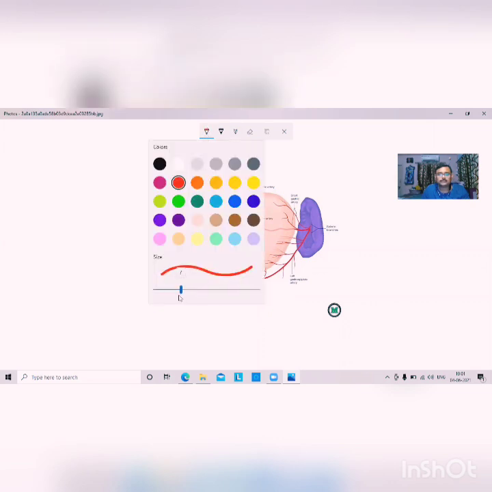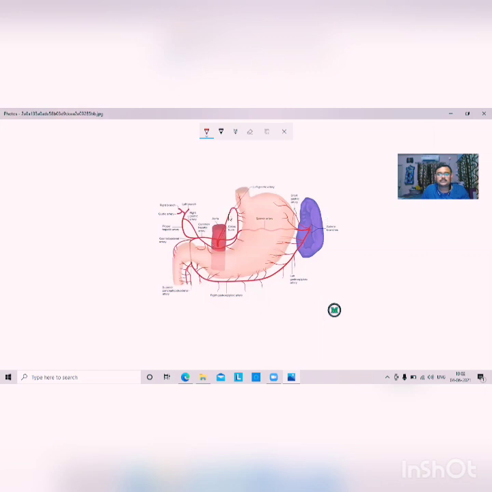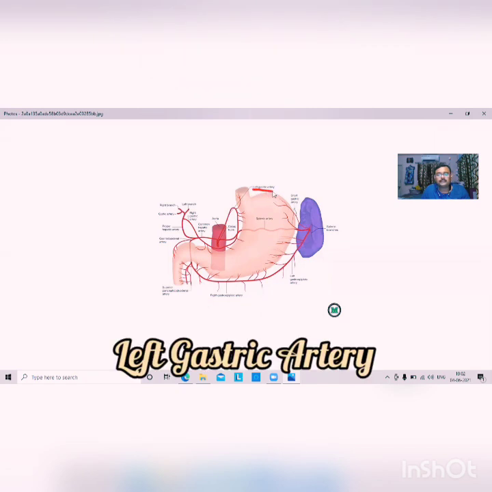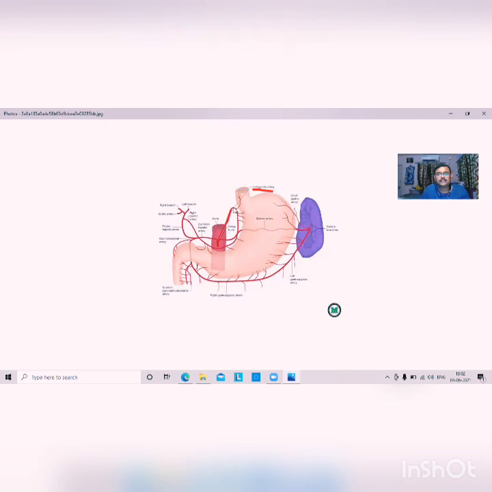For the sake of discussion, the major arterial supply of the stomach comes from this artery, which is called the left gastric artery. This left gastric artery is a branch of the celiac trunk. Now, this celiac trunk is a branch of the abdominal aorta.